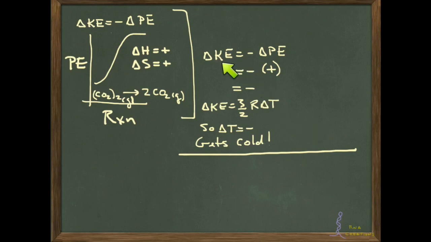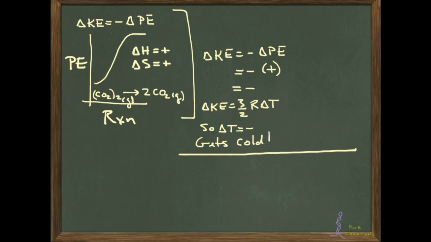We can then look at the delta KE in more detail. Because delta KE in this particular case is equal to minus delta PE, and delta PE increases and is positive, therefore delta KE is negative. And because delta KE is equal to 3/2 R delta T, as the system becomes an ideal gas, something we derived in class, then we know that delta T itself must be negative.